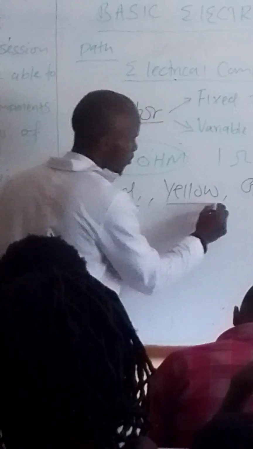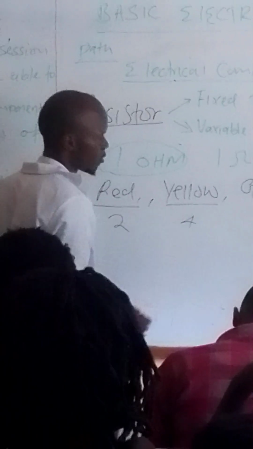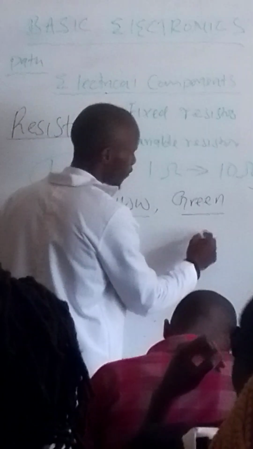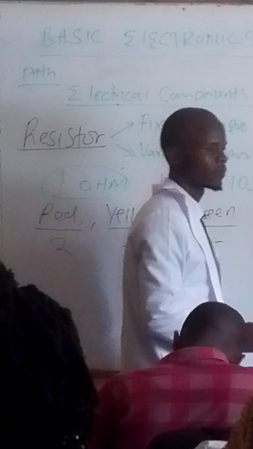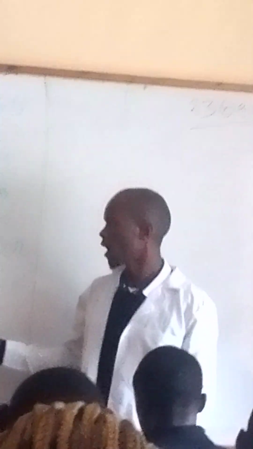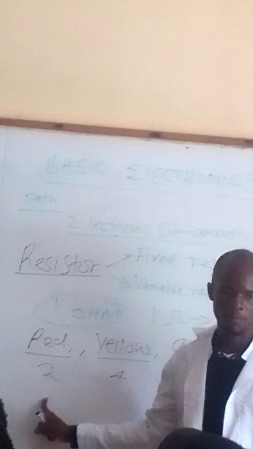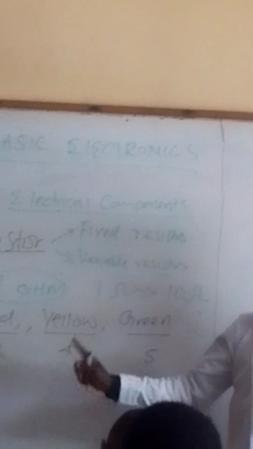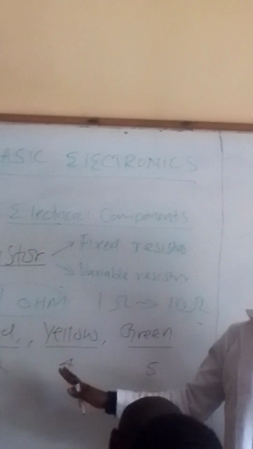Yellow? 4. Green? 5. So this one I have given you is a 3 band resistor. We have yellow, red, yellow, and green. The first significant figure you write, the second significant figure you write.